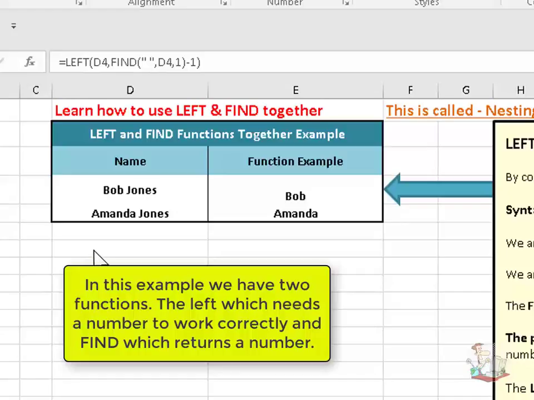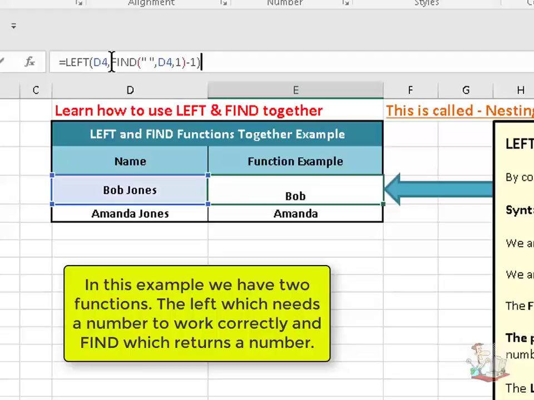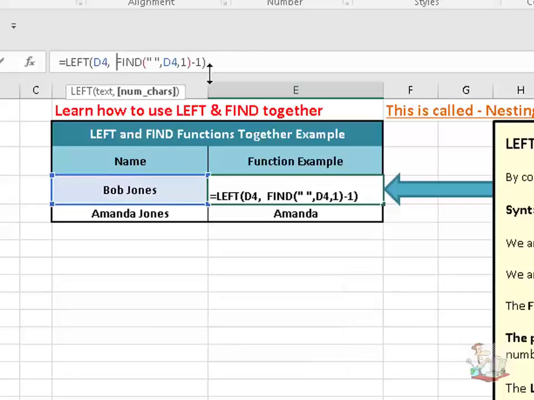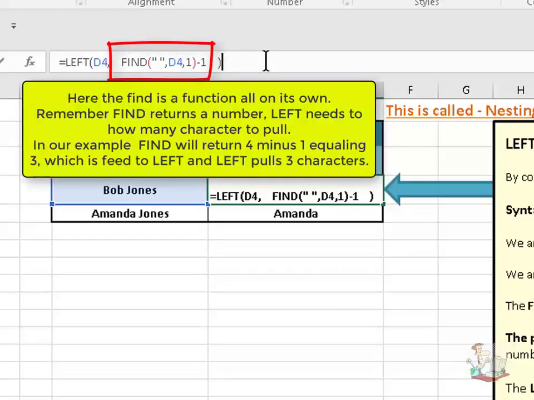Now here in this last example where we're bringing them together, we have left looking at D4 where the name is. But notice we have now added, instead of a number, we've added the find. And here with the find, I'll put a little space in there so you can see it's separate. Here in the find, remember, returns a number.